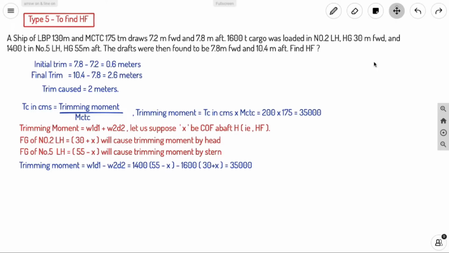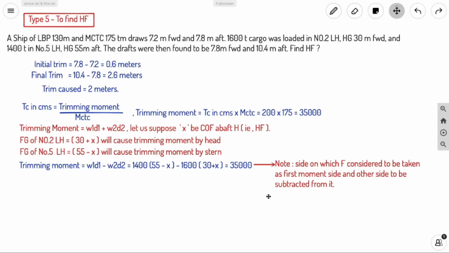The side on which F is considered is taken as the first moment side. Since we are considering our COF X distance abaft H, the side astern is considered as W1D1, that's 1400 into 55 minus X, minus W2, 1600 into 30 plus X, that's equal to 35,000.